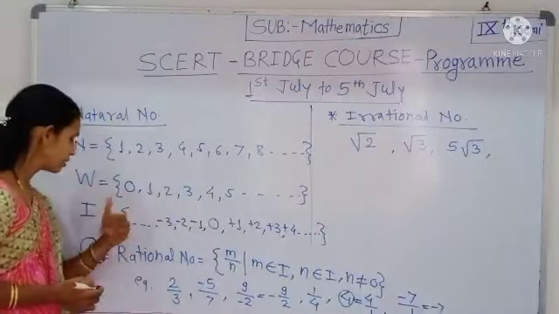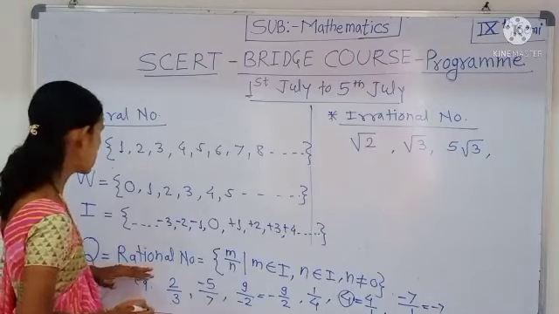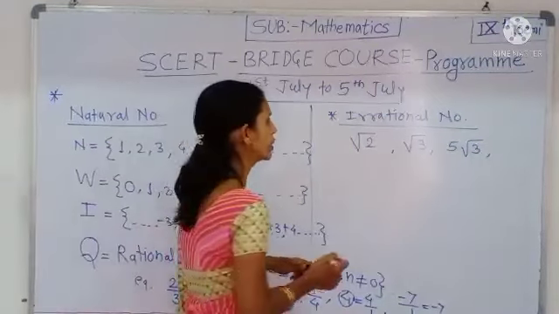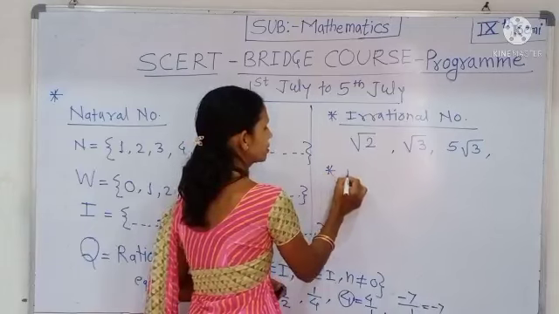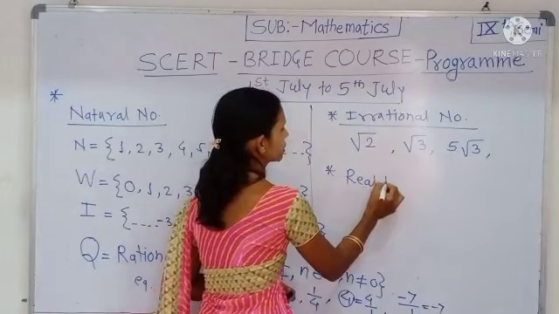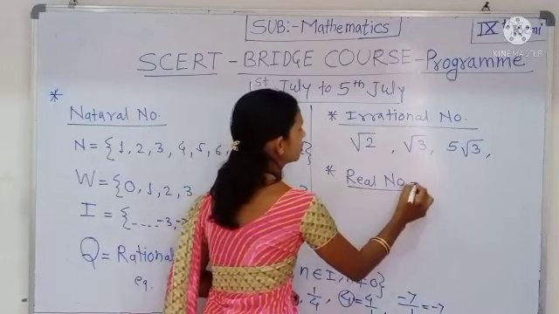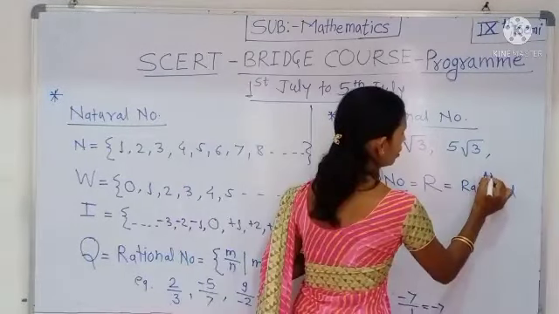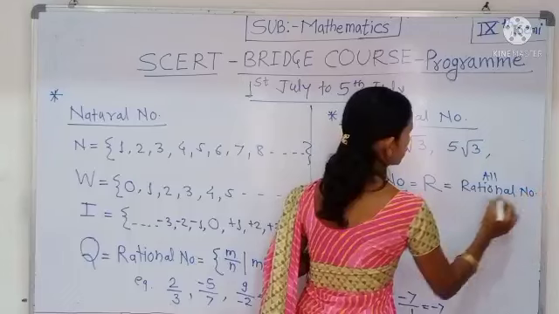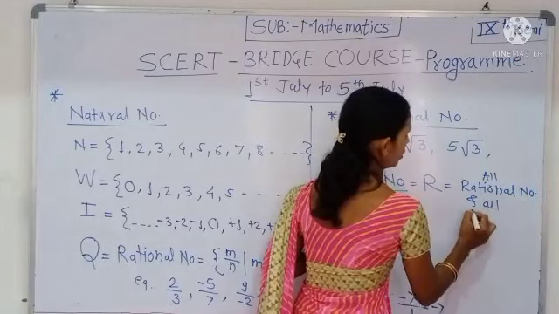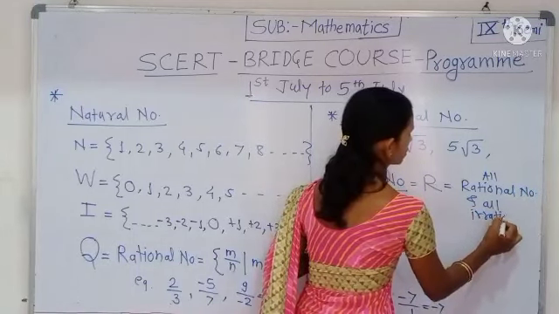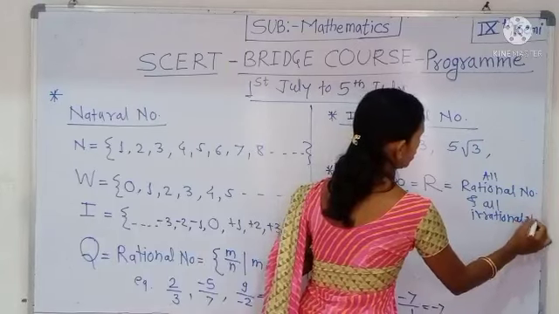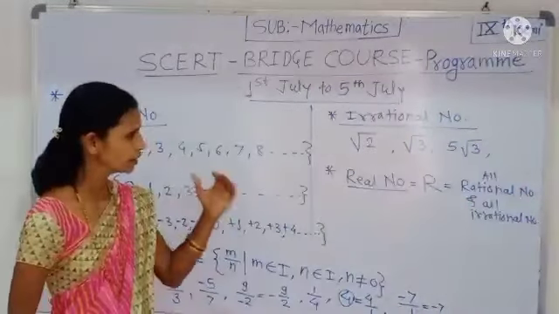Then rational numbers and irrational numbers together are called real numbers. That means the real number set, denoted by R, is all rational numbers and all irrational numbers.